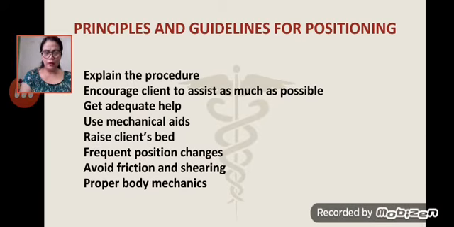Then get adequate help. So in doing some kind of positioning or even the turning and even the lifting, we need to ask for help. And whom are we going to ask for help? Of course, we need to ask for help from the nursing assistant and even the hospital orderlies. What else? Use of mechanical aids. So, what are the mechanical aids that we're using in lifting the patient?